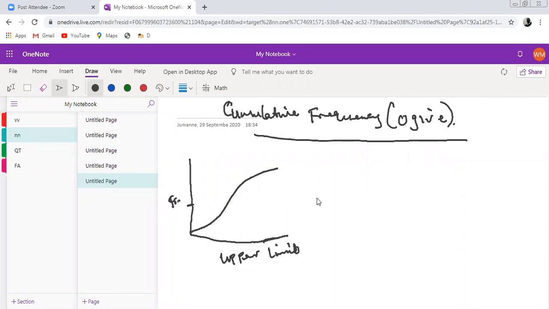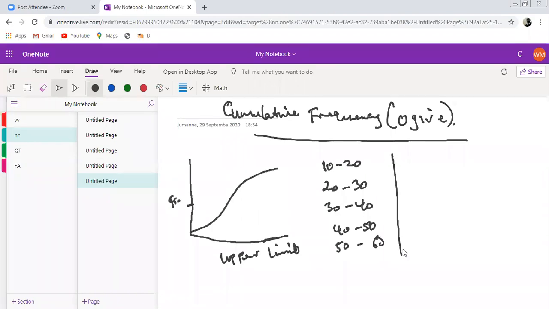If, for example, you have data of 10 to 20, 20 to 30, 30 to 40, 40 to 50, 50 to 60, and you have your frequency here, which is maybe 10, 13, 8, 4, and 6, like that.